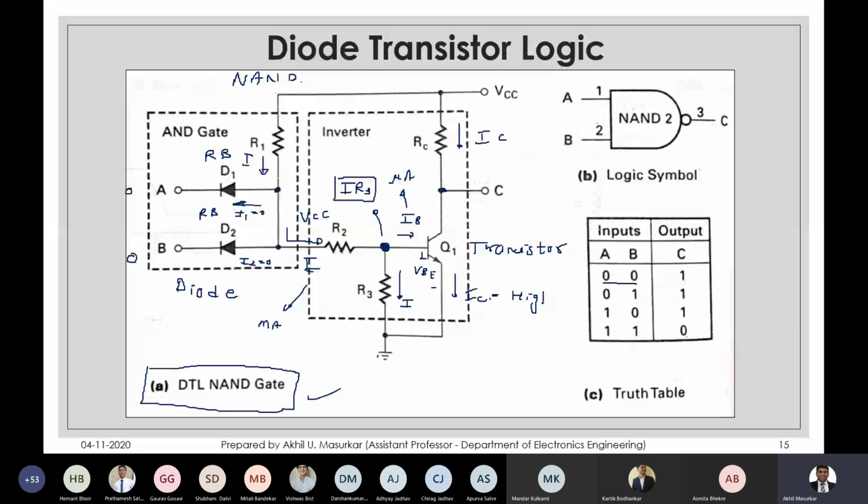IC will be, so it's just the integration of diode and transistor.